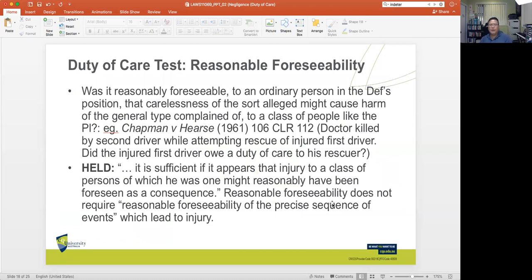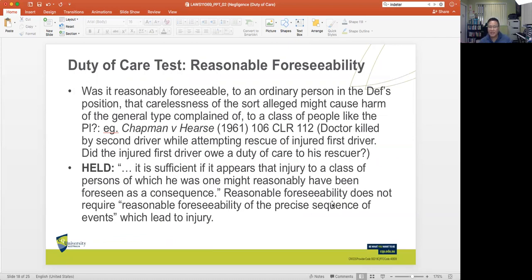Now, again, when you examine the issue of duty of care, one of the critical issues really is, was there reasonable foreseeability? Yes, it might be said that a duty of care exists, but could it be reasonably foreseen that under the circumstances, a defendant owed a duty of care to the plaintiff?